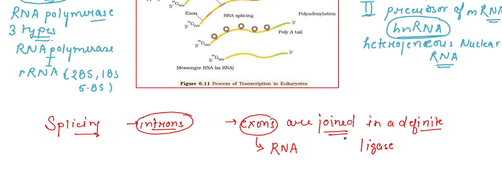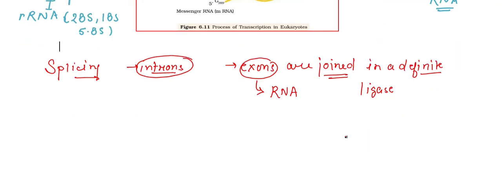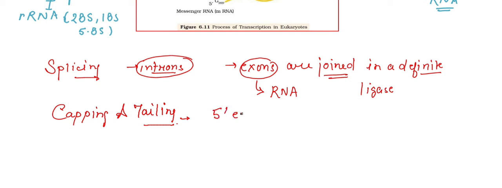Now, an additional feature is there, called capping and tailing. What are capping and tailing? In capping, an unusual nucleotide is added to the 5' end of hnRNA. What is that nucleotide?